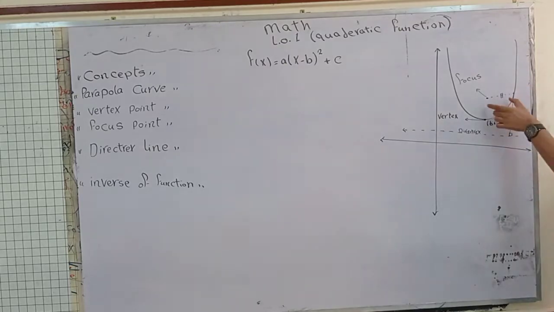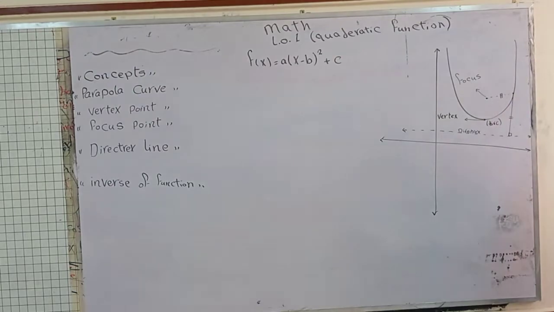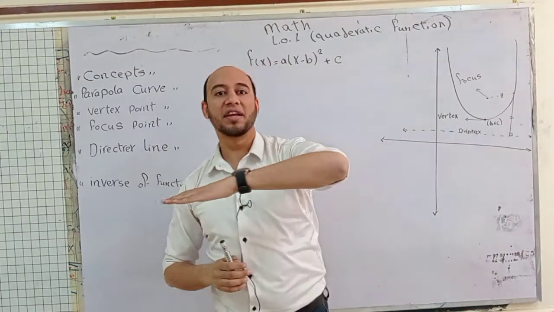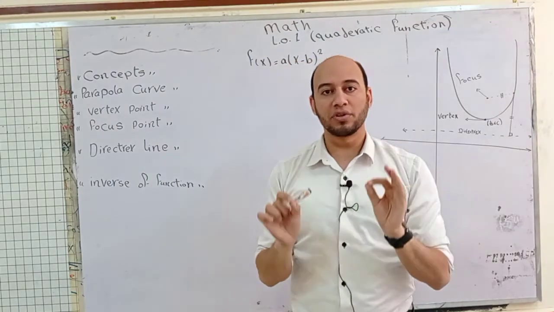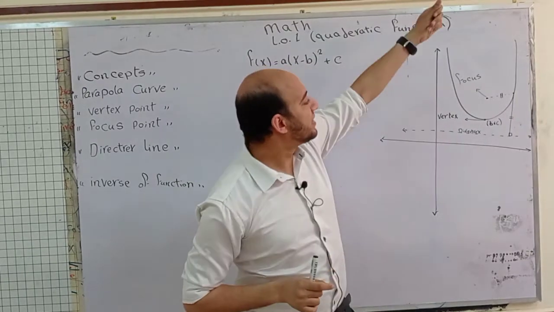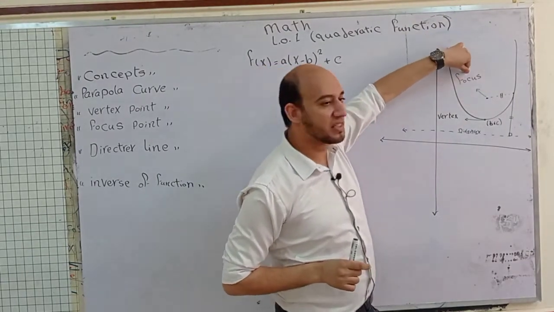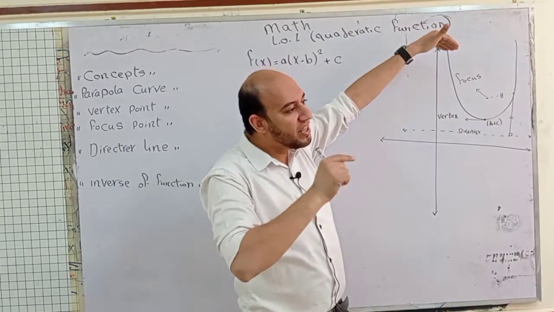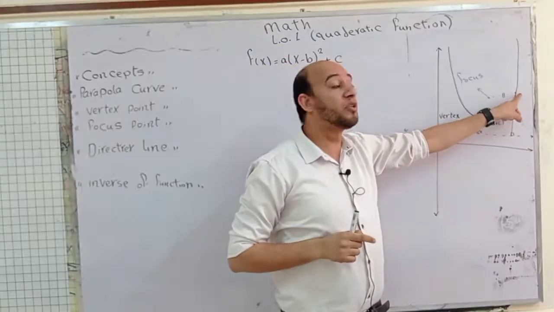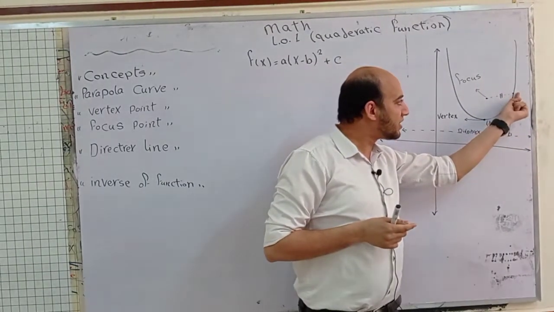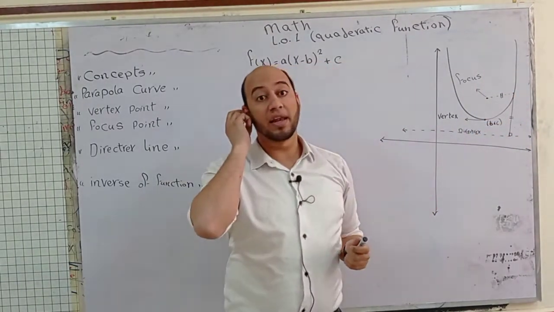These two distances must be equivalent. Then the focus point and the directrix line have an important property: the distance between the focus point and any point on the parabola curve is equal to the perpendicular distance between the same point and the directrix line.